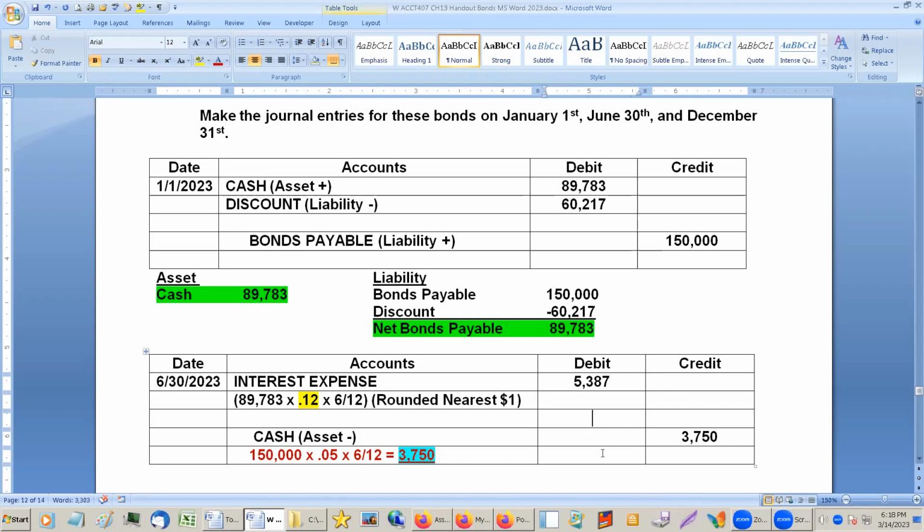Okay, so these two sides don't equal. What do we need to make them equal? What do we need to make our debits equal our credits? The difference in the discount amount. Yep.